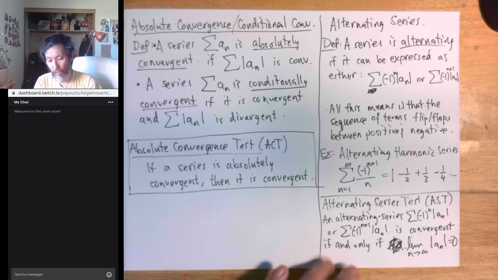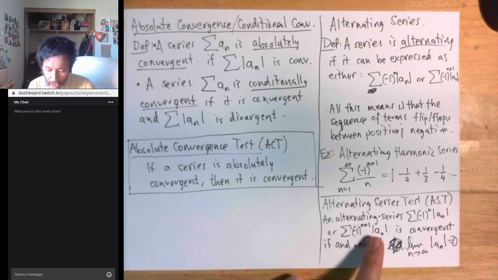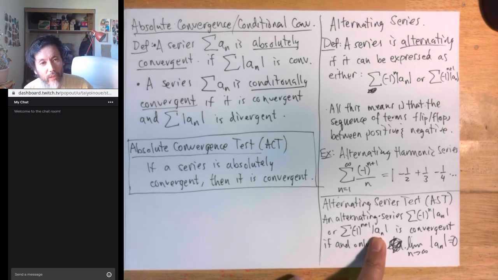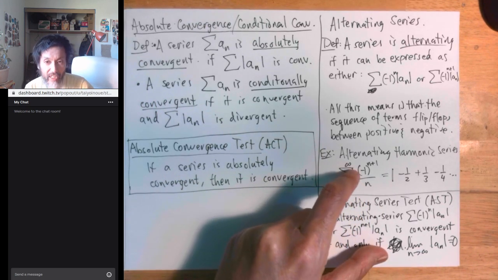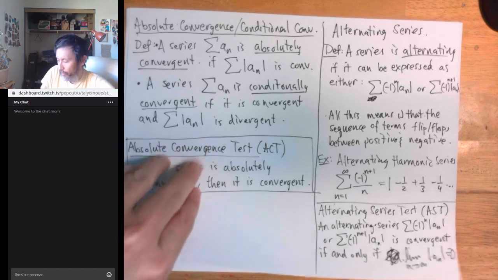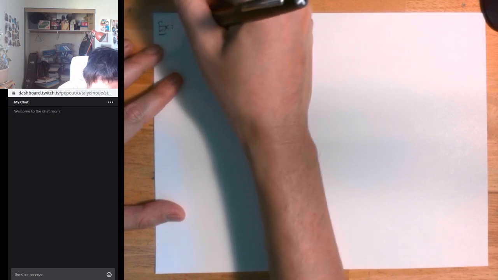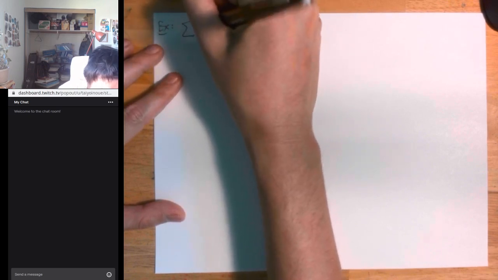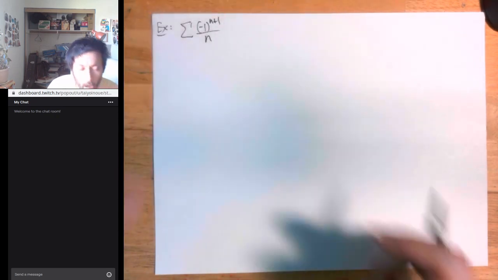Okay, so now let's think about what the alternating harmonic series looks like. What is playing the role of this sort of absolute value of a sub n thing? Well, what's playing the role of that is the 1 over n, right? The alternating gadget is the negative 1 to the n plus 1. So, example. Let's go back to our alternating harmonic series.